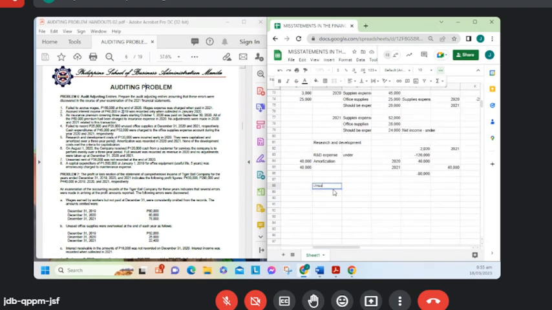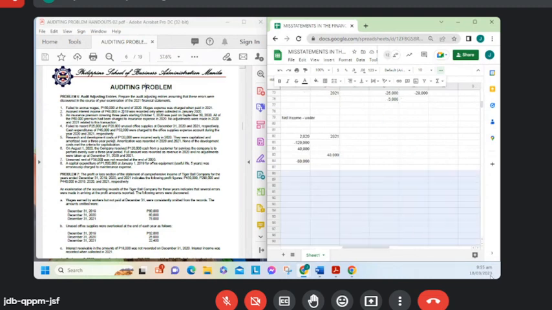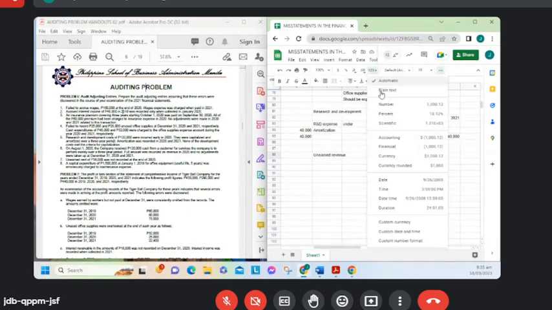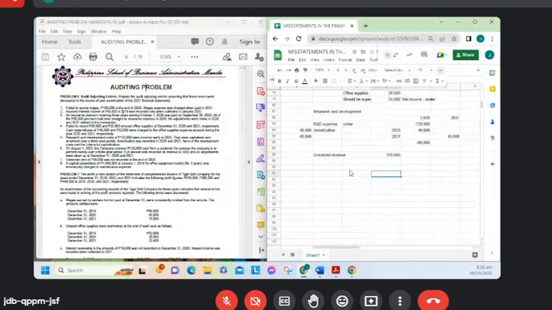Okay, so unearned revenue. So the amount of this is 120,000, and supposedly this should be spread over 3 years, no?